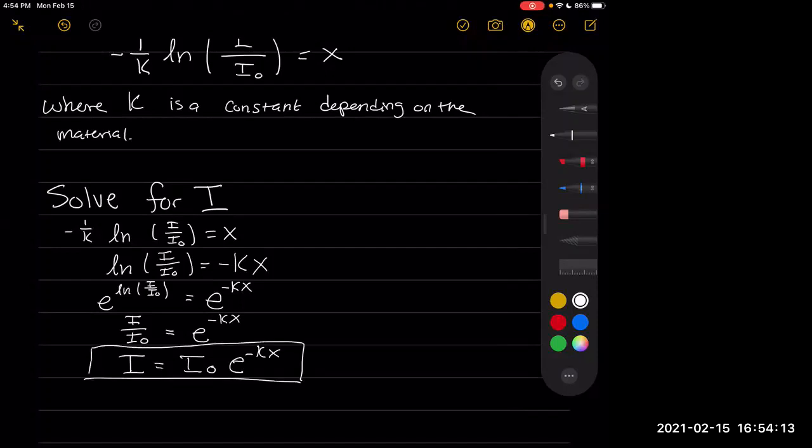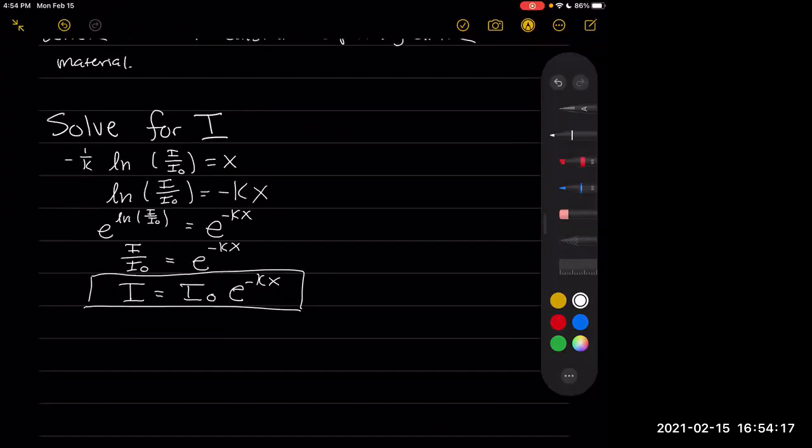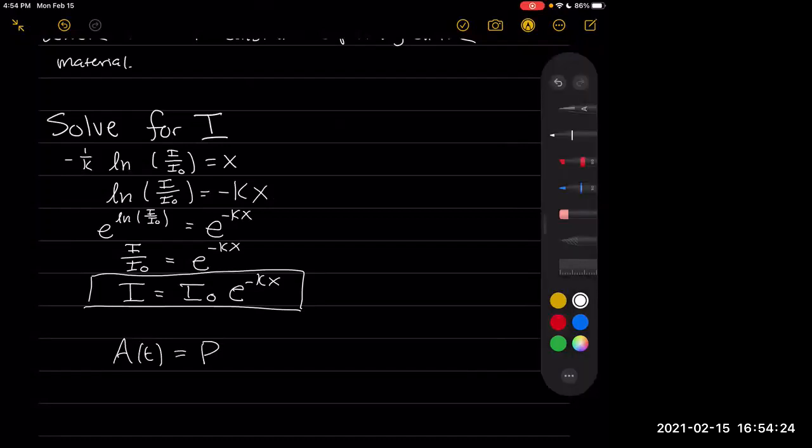And this might look kind of familiar, because if we think of the amount of money we have after a certain amount of time, it equals our initial amount of money times e to the RT. In this case, our R is -k, our time is the distance we're going, our I naught is our principal, and our I, the intensity of our light, is the amount of money we end up with.